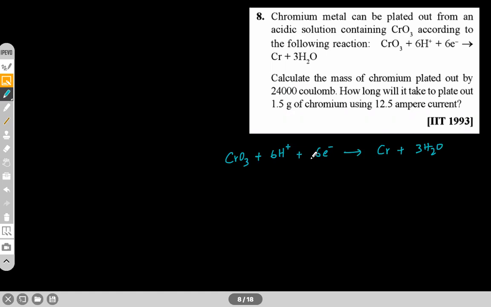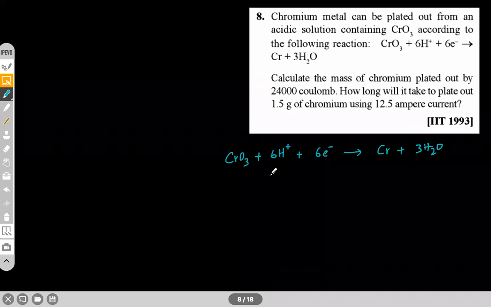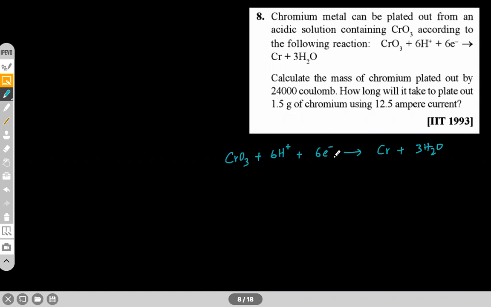So 6 moles of electron it is taking, right? 6 moles of electron means the charge required here, according to this equation, is 6 Faraday.